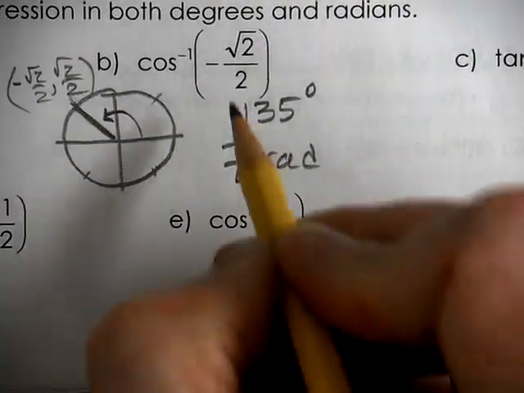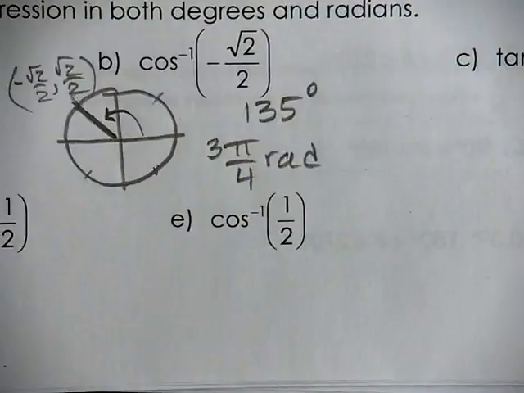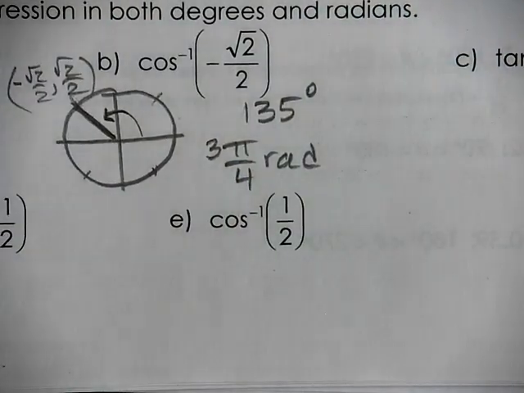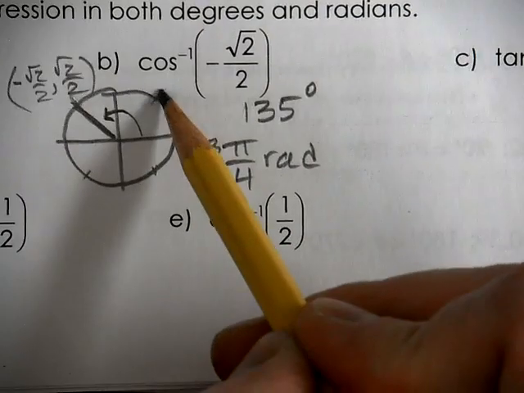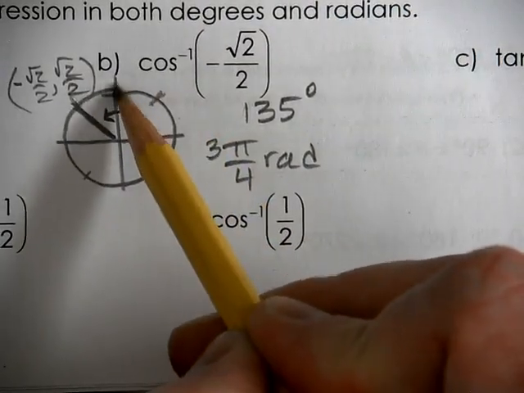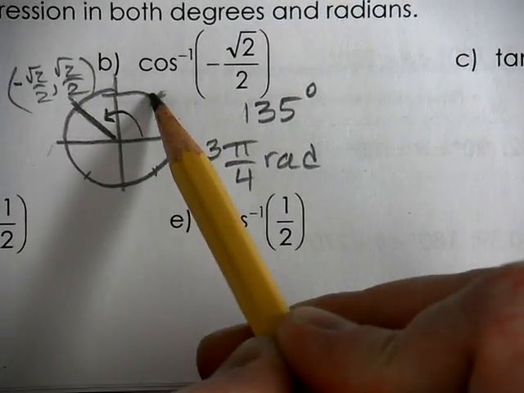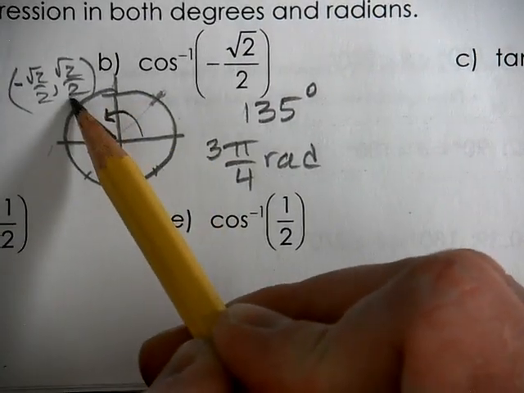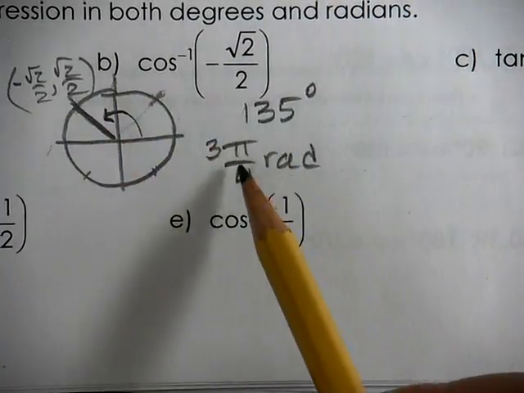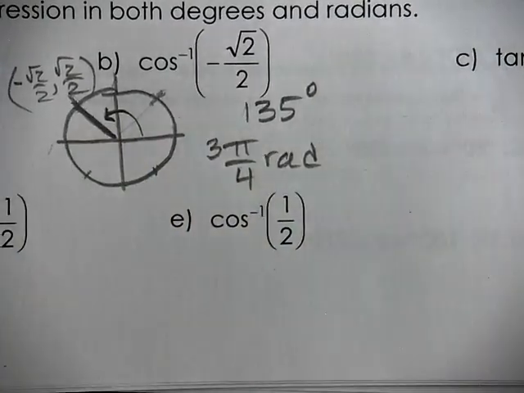It's not pi over 4, it's 3 pi over 4 radians. Because we're 1 step, 2 steps, 3 steps at 45 at a time. Or pi over 4, pi over 4, pi over 4. So it's 3 pi over 4 at that location.